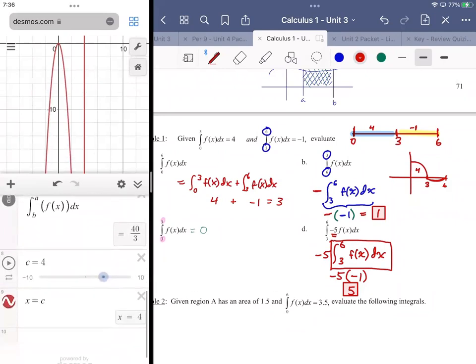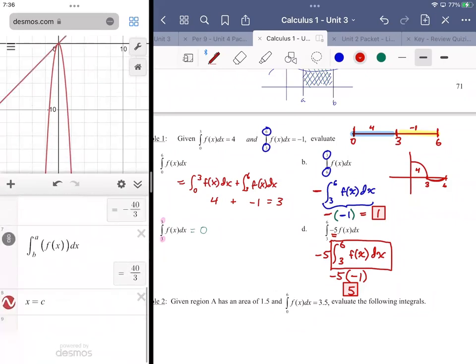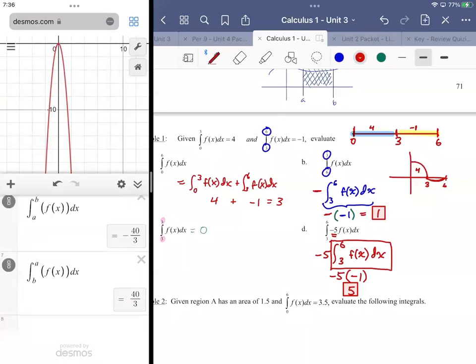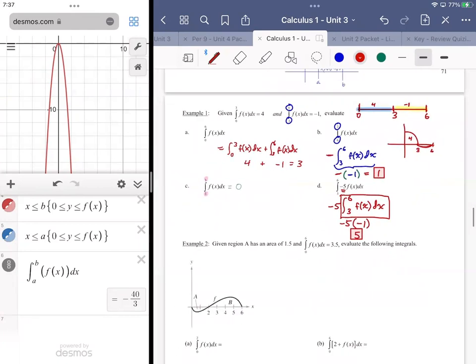But it would also take my area and multiply it by the corresponding value. If you remember, for the x squared function, the area was 8 over 3. It's now negative 40 over 3. The 8 over 3 was multiplied by the constant multiple of negative 5. So it's a little demonstration of how that works.